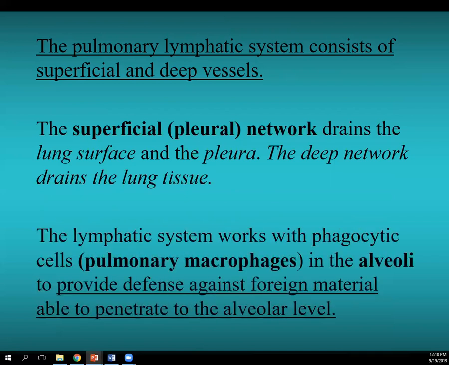The lymphatic system works with phagocyte cells, what we call pulmonary macrophages, in the alveoli to provide a defense against foreign material able to penetrate to the alveolar level. Pulmonary macrophages originate in the alveoli area.